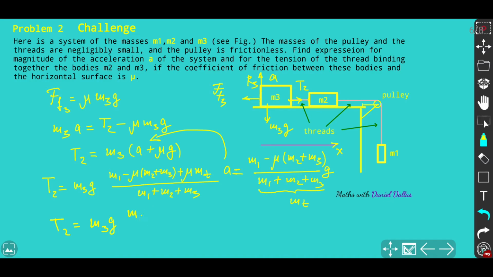I skip some steps of simplification to save your time, and you can try to do it on your own. And the common denominator still stays the same. Okay, and that's going to be the final expression for the tension force in the thread connecting m2 and m3. So that's why it was a challenge problem for A level.